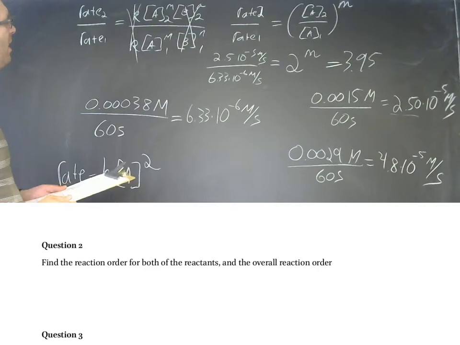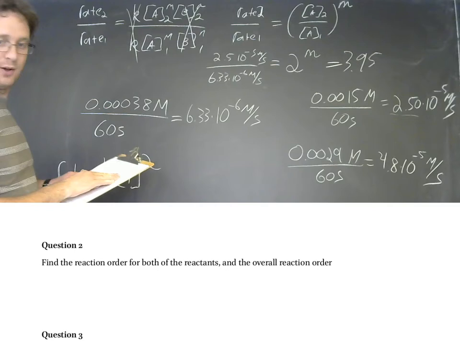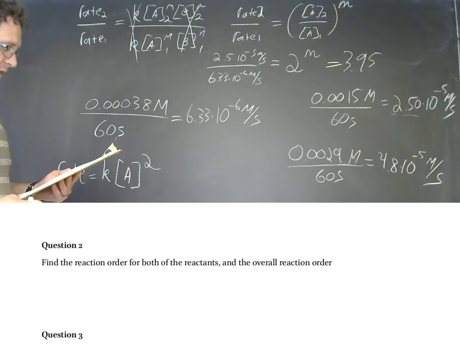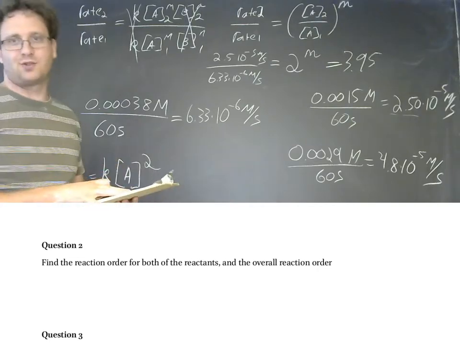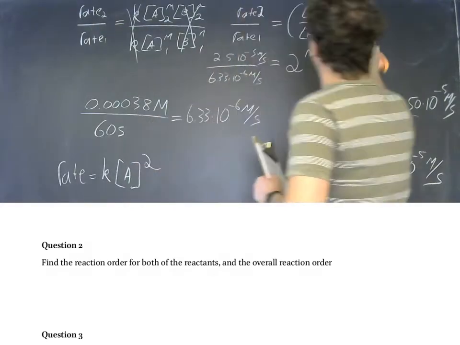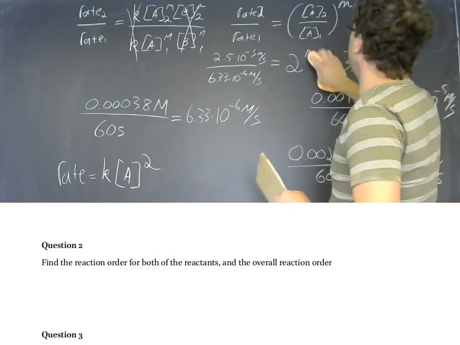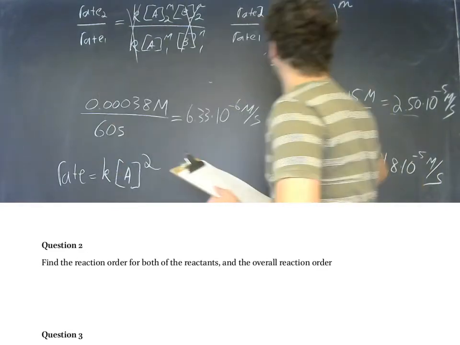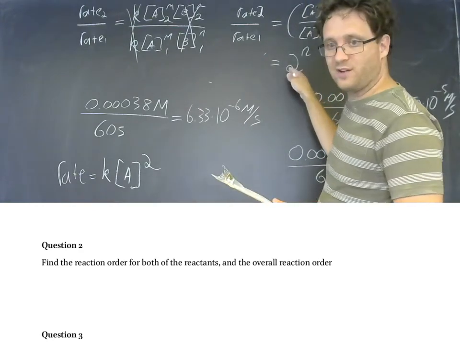And then if we compare trial 2 to trial 3, you can see that in trial 2 and 3 we have the same concentration of A, but we've doubled the concentration of B. And so we essentially have the exact same sort of equation, only it's B to the N instead of A to the M. We would have 2 to the Nth power because we have doubled the concentration of B this time.